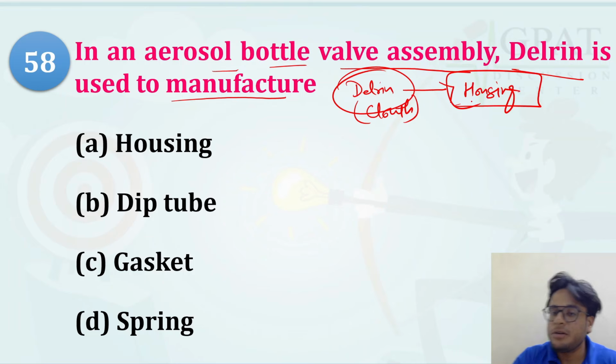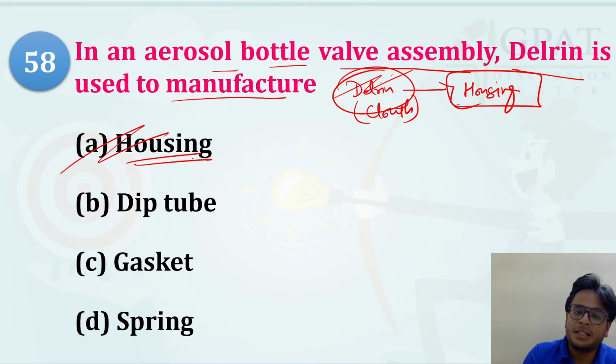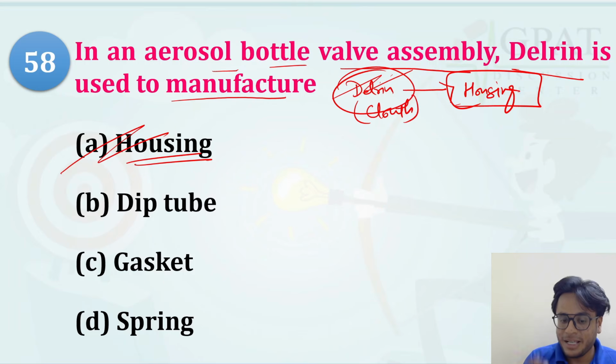So to make the housing, we mainly use the Derlin. So E is going to be the correct option. The other parts of that bottle valve assembly can be the actuator, the valve, the spring, the gasket, the dip tube itself, and the mounting cap, which are the different names or parts of that aerosol valve assembly.